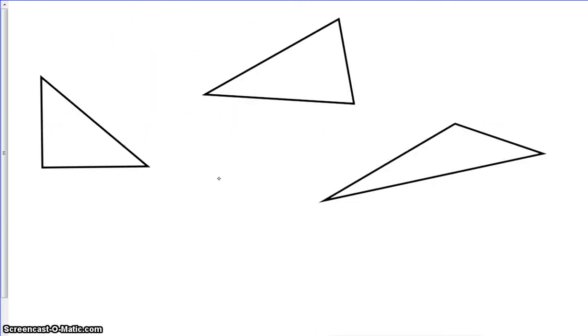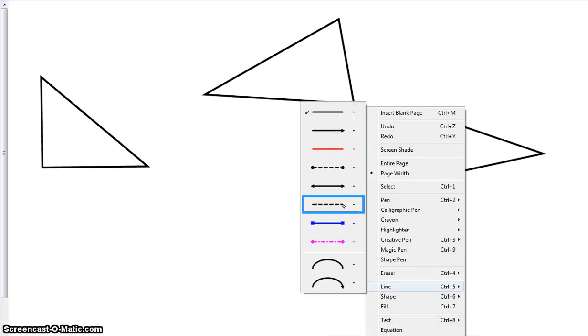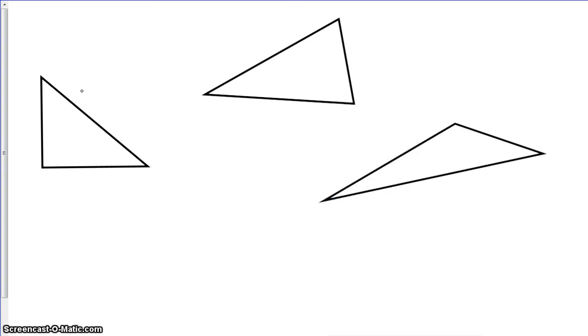Now, on this right here, I want to draw the altitudes of all 3. Notice I have a right triangle, an acute triangle, and an obtuse triangle. So I'm going to get a line tool out. Let's use this dashed one. Let's start with the acute. From here all the way to the opposite side. Obviously, this is not a right angle, so I'm going to drag it until it looks like a right angle. That looks close to right.